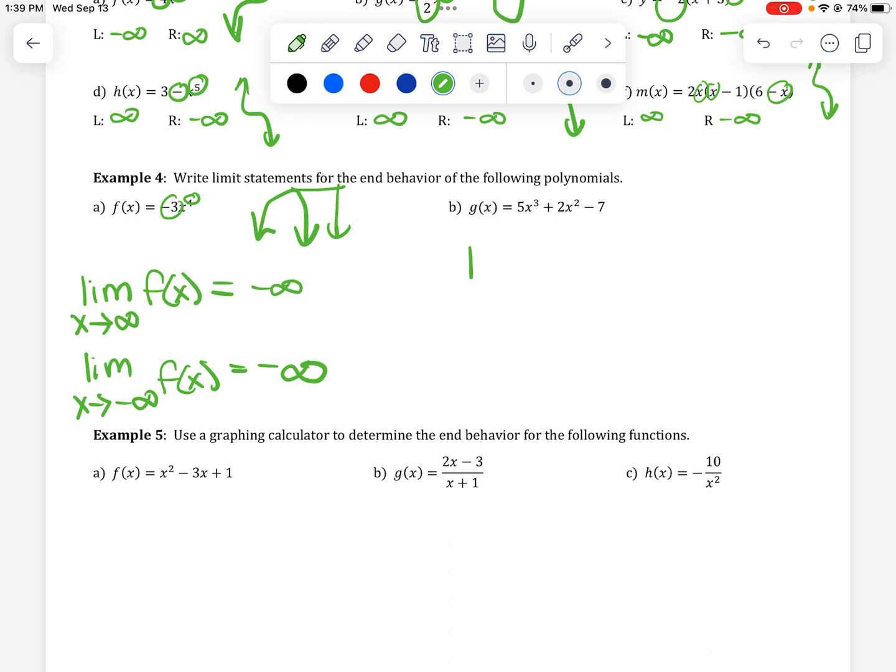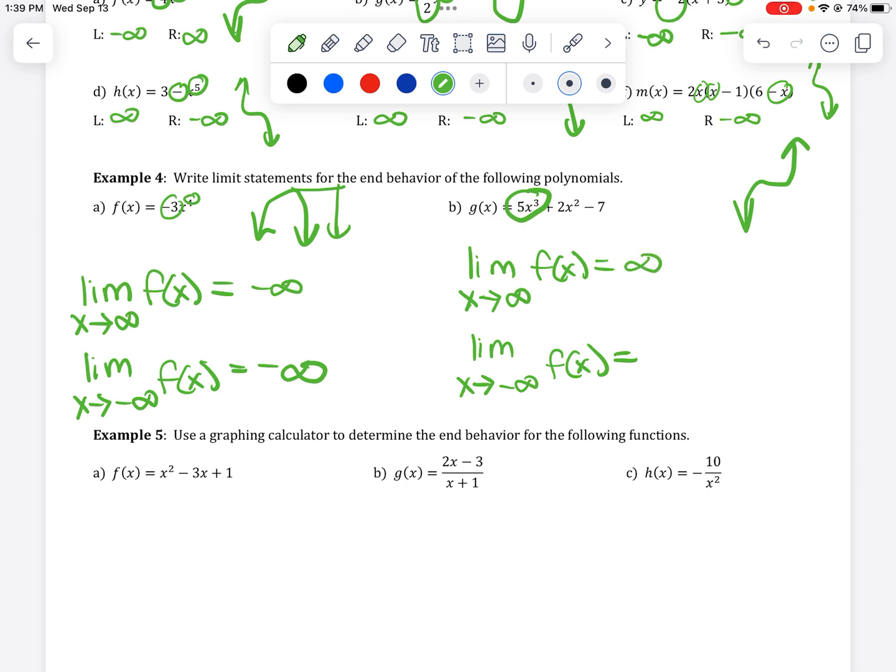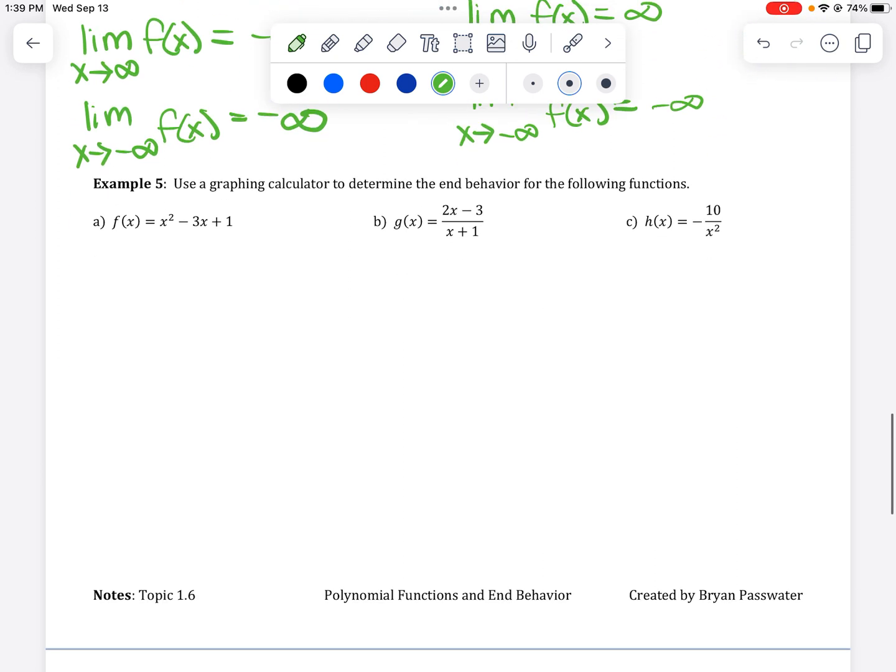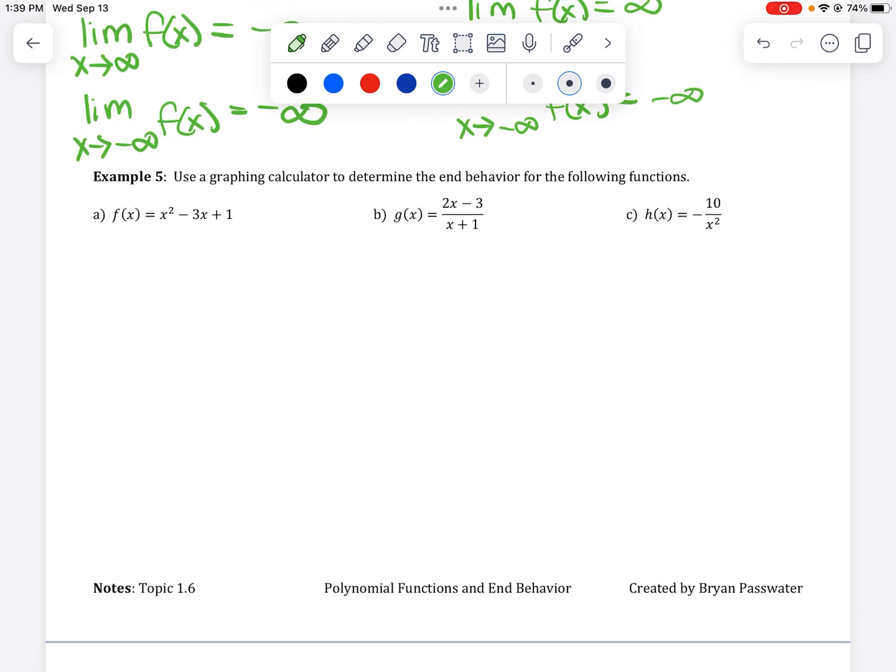And then let's look at this one. Again, we have those limit statements. So what does this look like? It's odd and positive, so I know it looks like that. As it gets bigger, it gets bigger, and if it goes negative, it goes down. And then we could graph some of these.